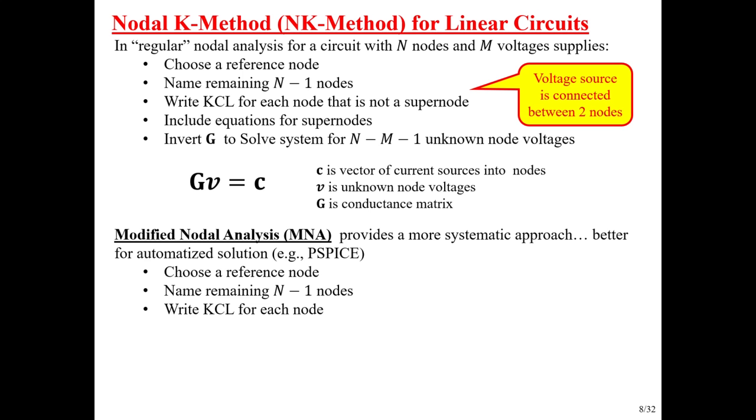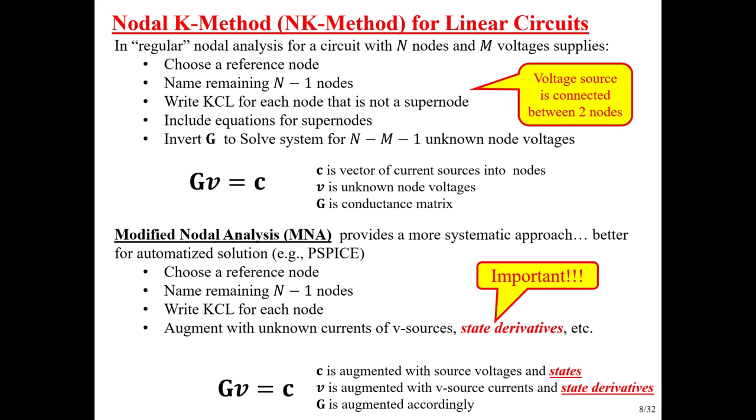So we'll basically just name that current and then have to come up with some additional ways of solving for that current or including those equations in our analysis. And so here's where we start augmenting this. We augment with unknown currents of voltage sources. That was what I was just alluding to. That is a different way of dealing with this issue without using a supernode.